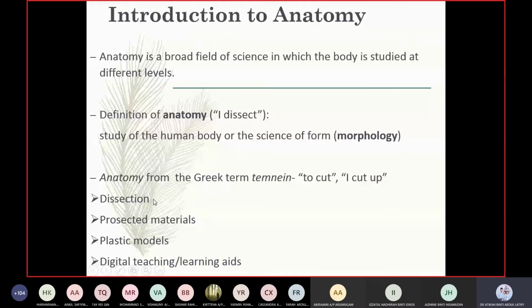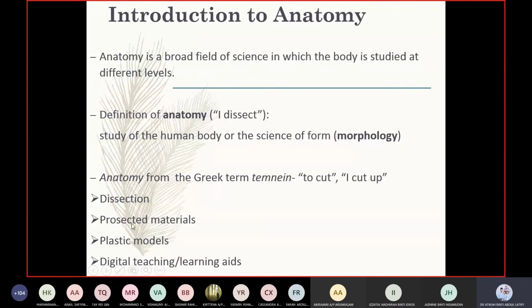Sometimes we have dissection. We had dissection in UOC when it first started, but over the years, it is quite difficult to obtain bodies nowadays, because of the very strict law in Malaysia. So we kind of moved on to prosected materials.